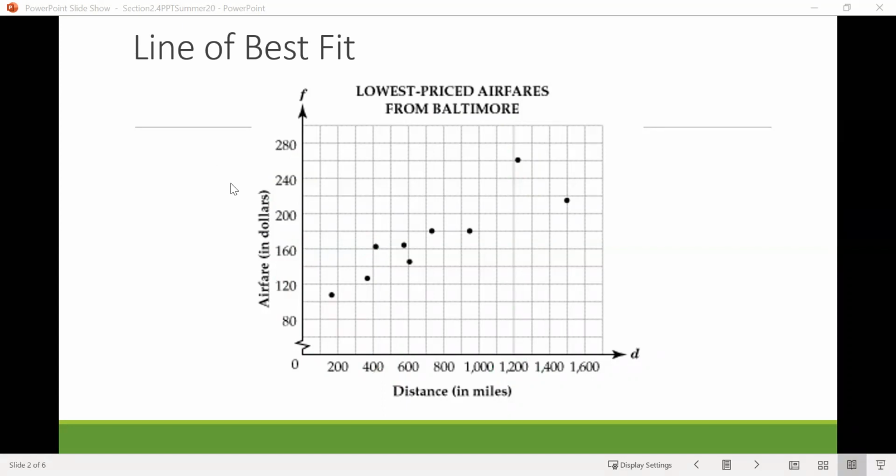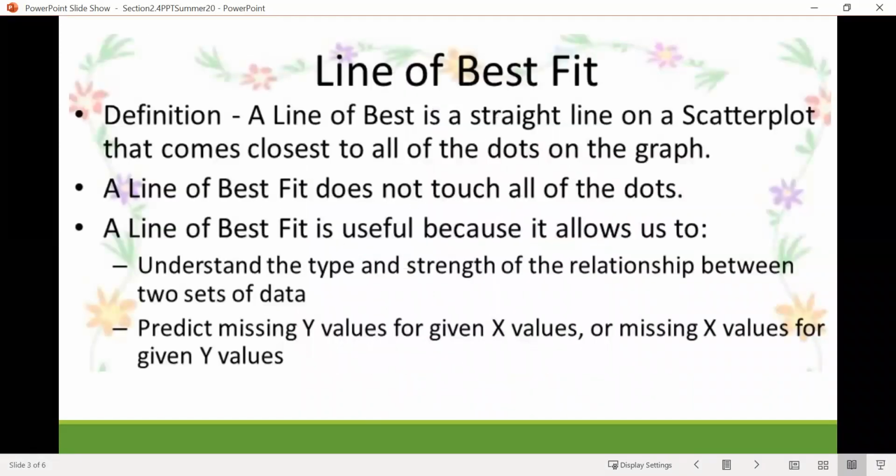That brings us to the idea of what is called a line of best fit, or sometimes a regression line. A line of best fit is a straight line on a scatter plot that comes closest to all of the dots on the graph. Importantly, it does not have to touch all of the dots.